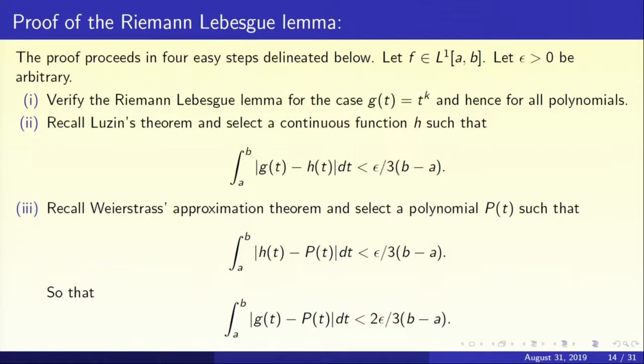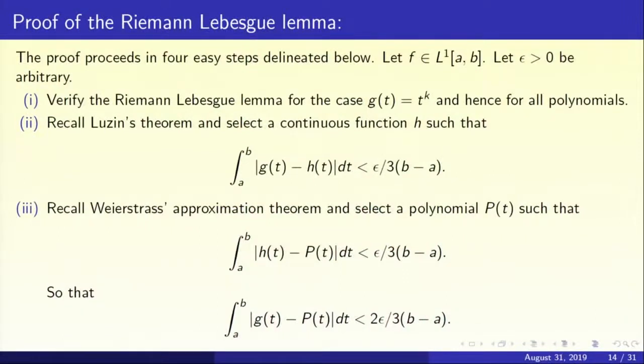So the integral from a to b of mod h(t) minus p(t) is less than or equal to (b minus a) times the supremum. So if I secure that the supremum of h(t) minus p(t) is less than epsilon by 3 times (b minus a), then we conclude that the integral from a to b of mod h(t) minus p(t) dt is less than epsilon by 3, which is the second displayed equation in your slide. Adding these two, we conclude the integral from a to b of mod g(t) minus p(t) is less than 2/3 epsilon.